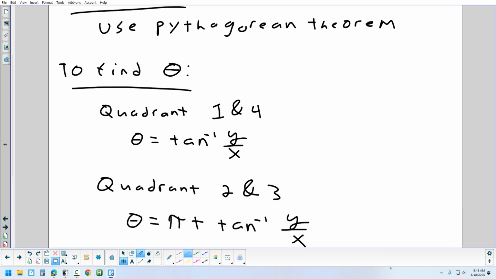You have to take that formula, think of that as like a reference angle, and you have to add pi to it. That will make it work. If you take an answer that's between negative 90 and 90, and you add 180 to it, what's negative 90 plus 180?